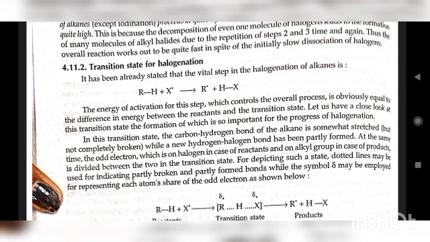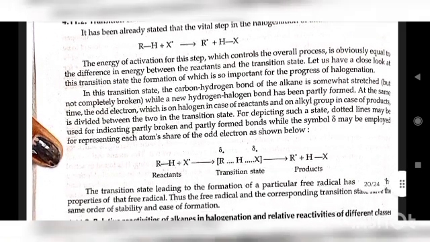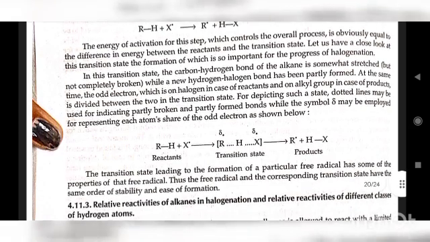At the same time, the odd electron, which is on the halogen in the case of reactants and on the alkyl group in the case of products, is divided between the two in the transition state.